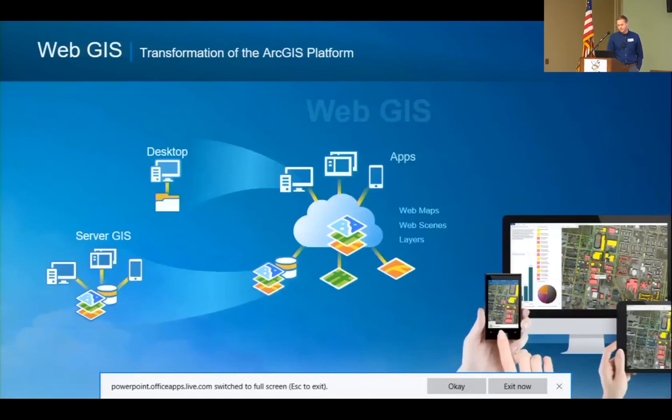And then as technology has changed very rapidly in the past decade, we've seen a move towards what we call web GIS, so a service-based GIS environment where you can access your data and information from a browser or a device. And we're seeing a lot of state agencies moving into this space who've traditionally been server GIS shops have started to embrace this web GIS, and it sounds like that's the case here in Illinois as well.